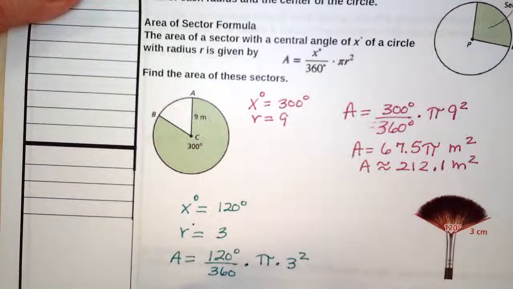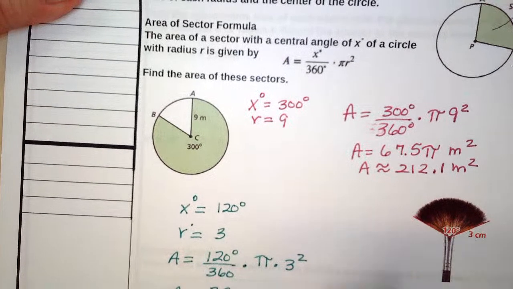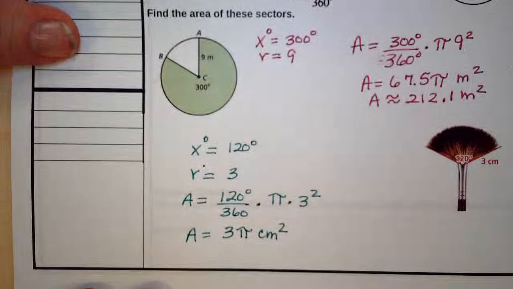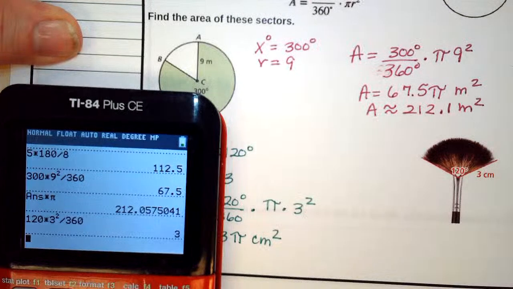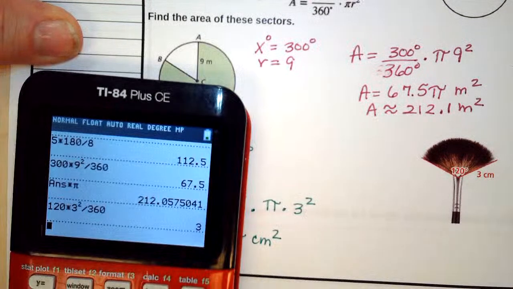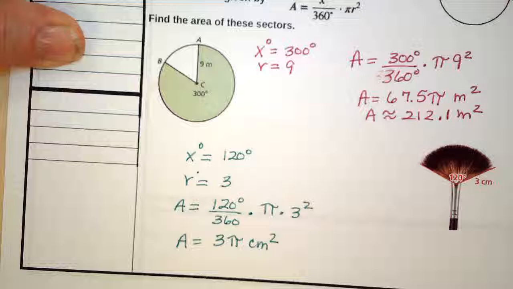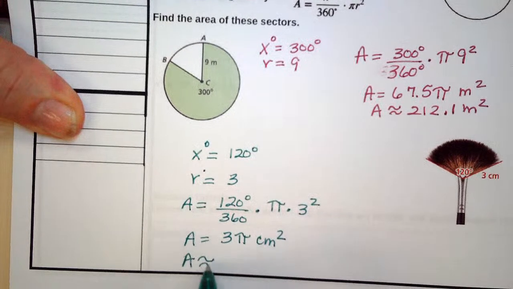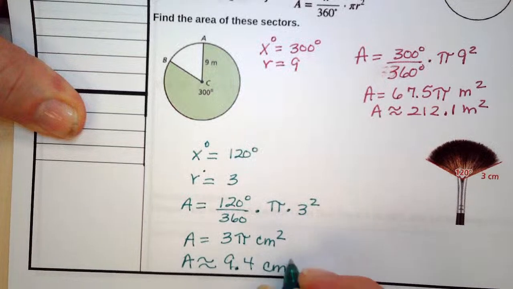So my area is equal to 3 pi centimeters squared. So what is 3 pi? 3 pi is about 9.4 centimeters squared.